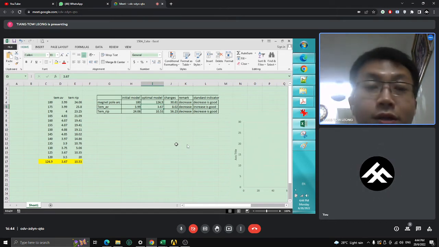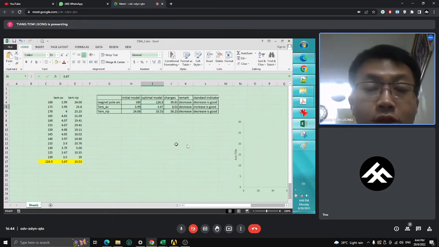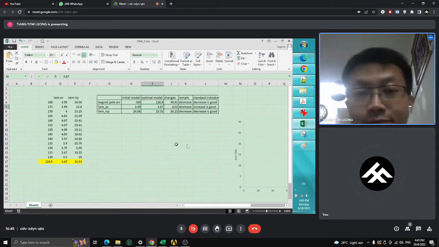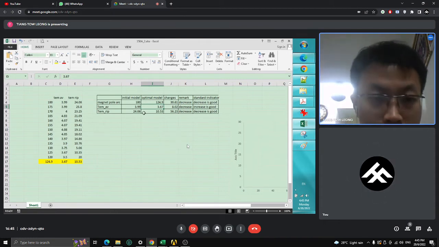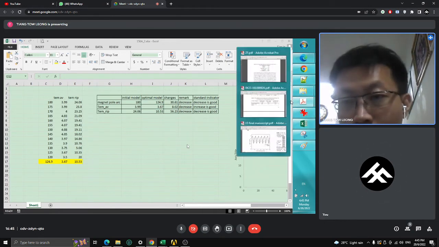There's a lot of decrement in the magnet usage, about 30%, and the ripple decrement about 56%, which is hugely greater than the 8%. Boleh faham? Faham. This is your selling point. Okay tak? Okay lah. So let me go through again.